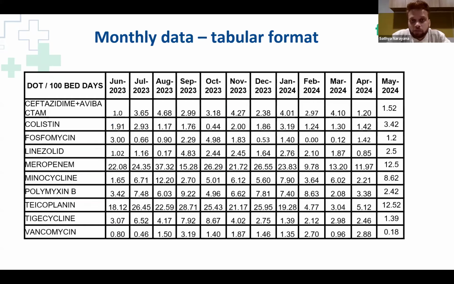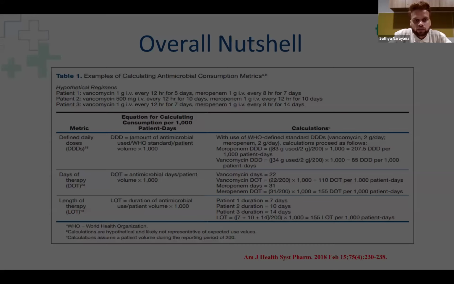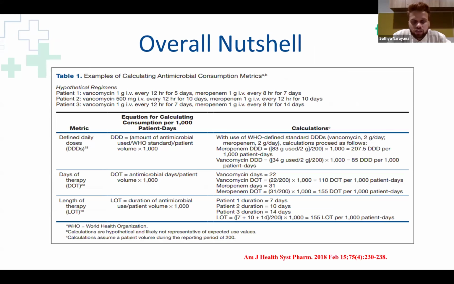This is a tabular way of presenting. This is 1 year data of reserve antimicrobials as per the institute. So this is one way to represent. Here we follow a tabular column, and you can prefer a graphical way of representation too. To put it in a nutshell, the DDD talks about the average maintenance dose that is given for a particular indication in adult patients.